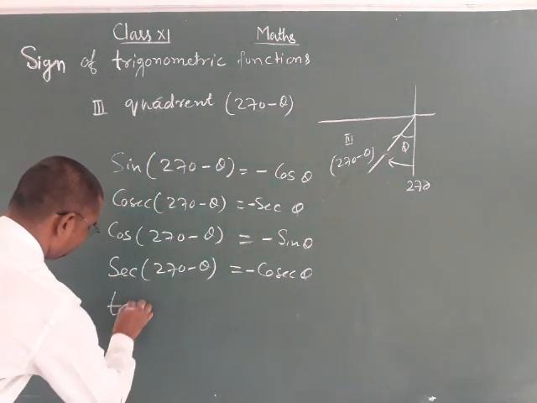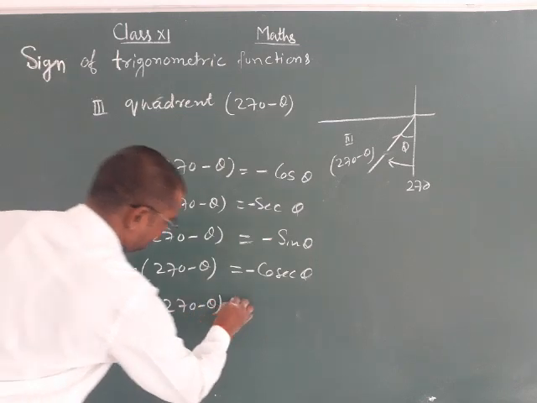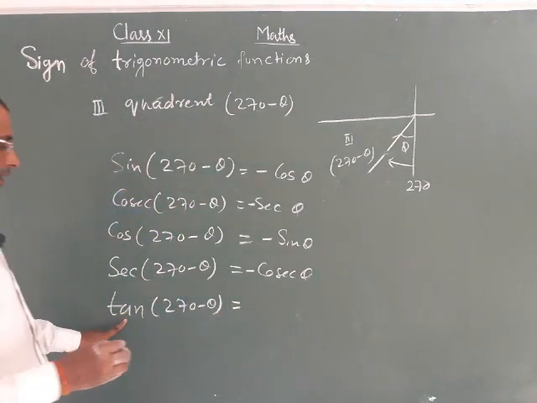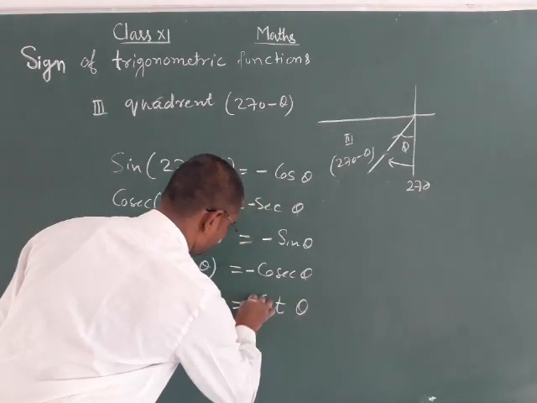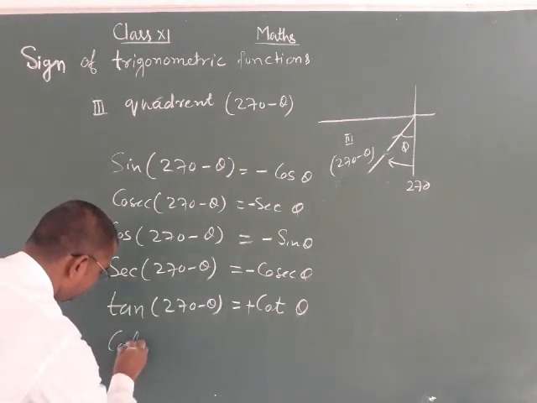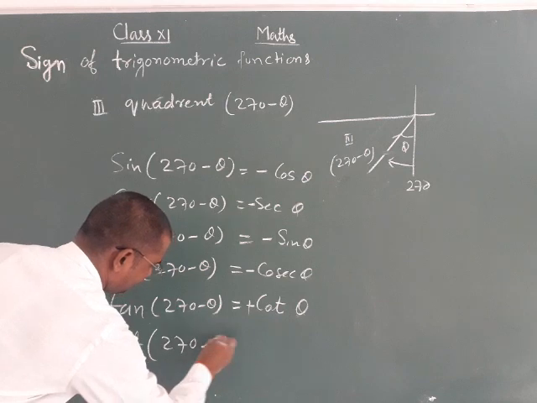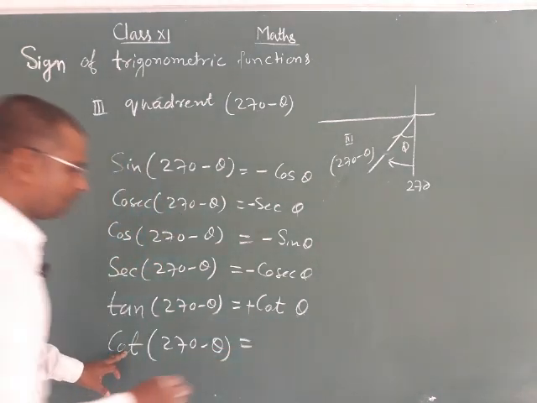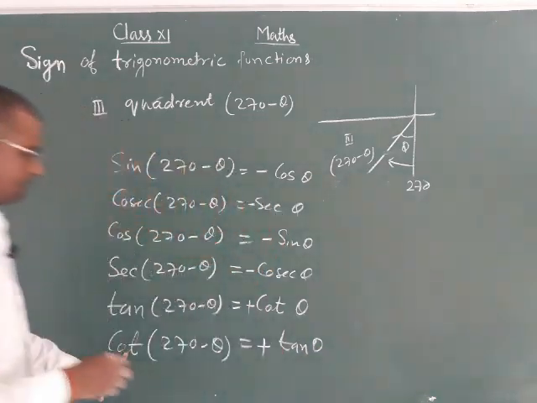And tan(270 minus theta) is equal to cot theta. In the third quadrant tan is positive. So cot(270 minus theta) is equal to tan theta, so plus.